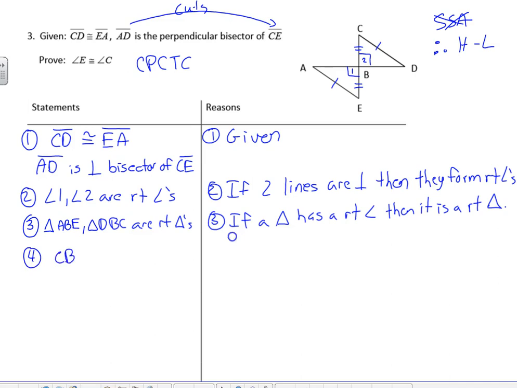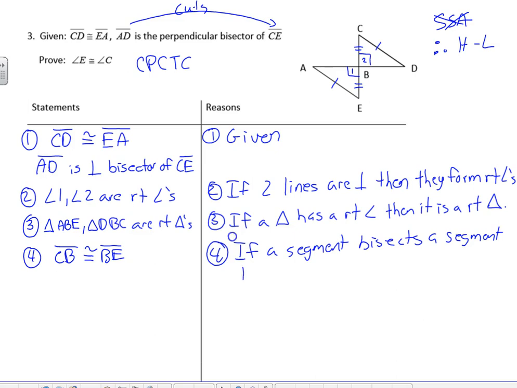So we can say that CB is congruent to BE, and this is our segment bisector reason. If a segment bisects a segment, then it divides it into two congruent segments.